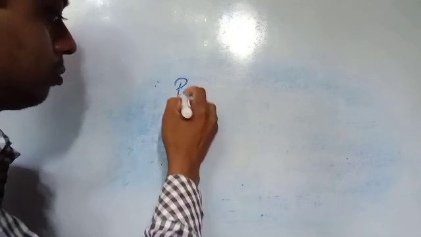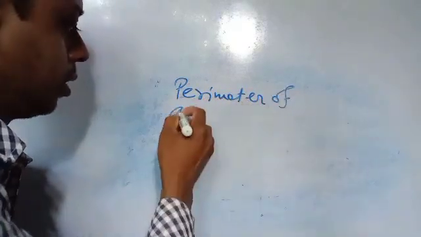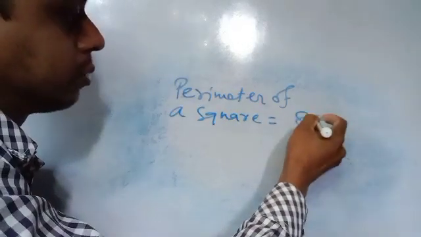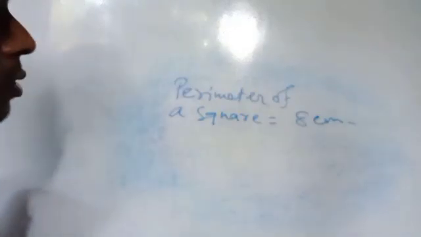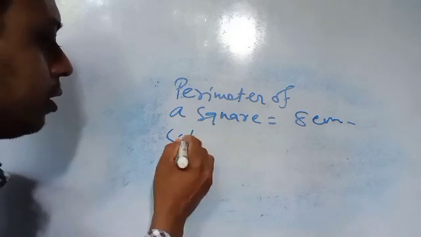Next one, if the perimeter of a square is given, suppose the perimeter of a square equals 8 centimeter. Now you have to find the area, but perimeter is given, side is not given. Now what will be the side?